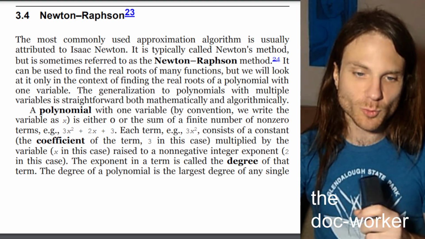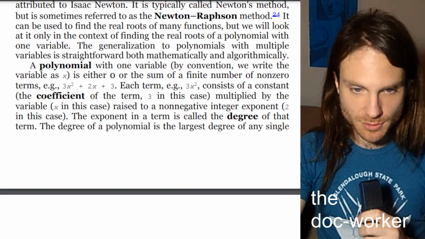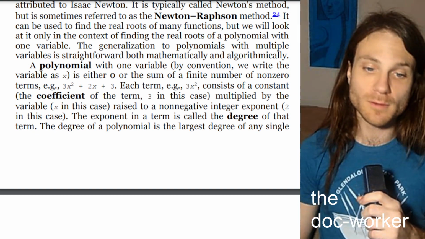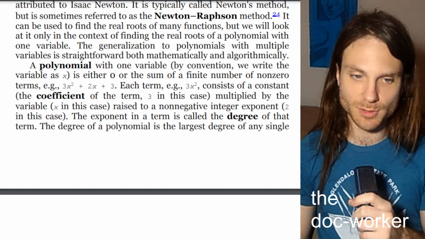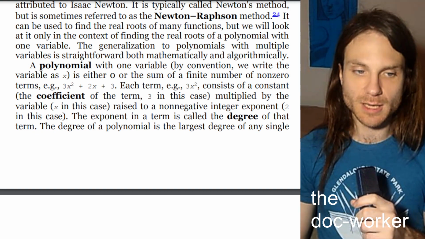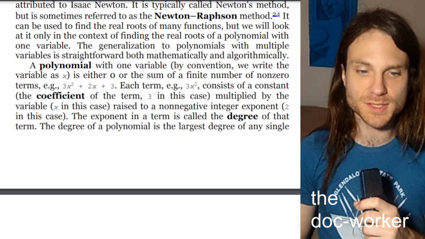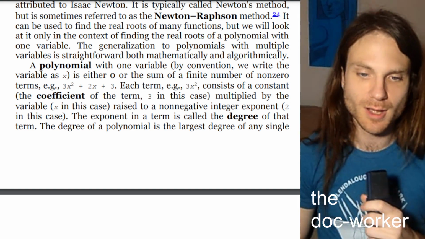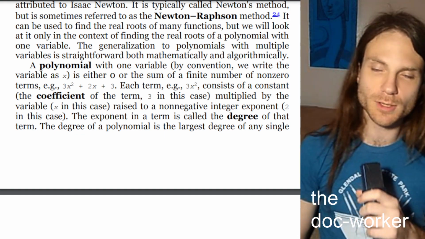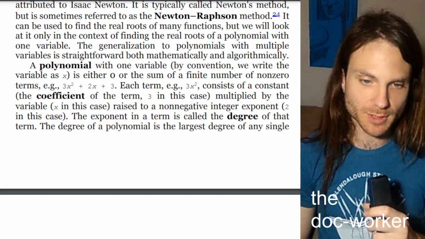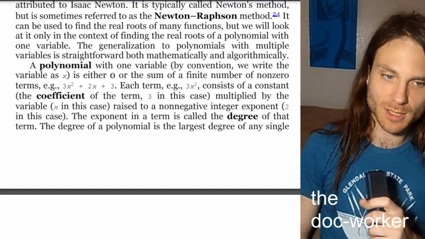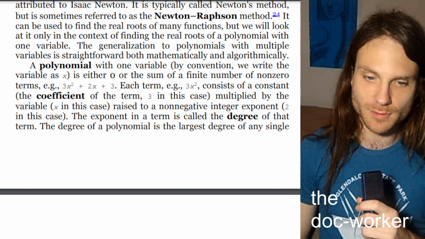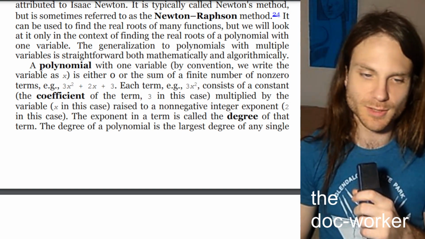A polynomial with one variable, by convention we write the variable as x, is either 0 or the sum of a finite number of non-zero terms, e.g. 3x squared plus 2x plus 3. Each term, e.g. 3x squared, consists of a constant, the coefficient of the term, 3 in this case, multiplied by the variable, x in this case, raised to a non-negative integer exponent, 2 in this case.